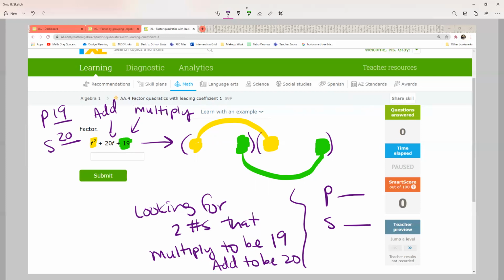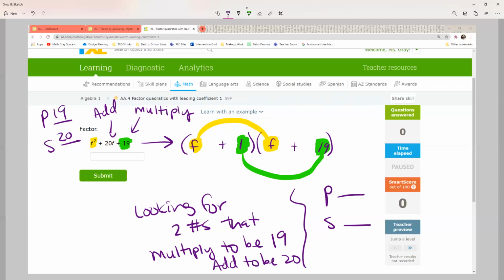And I feel like a lot of my honors algebra level students like this because it kind of feels like a game to figure it out. This one's a pretty easy example because 19 is a prime number. So if I'm trying to find two numbers that multiply to be 19, there's only one option, right? It's 1 and 19. And then f squared is easy. That's f and f. So do you see how it's pretty easy to figure it out once you know what those two numbers are?